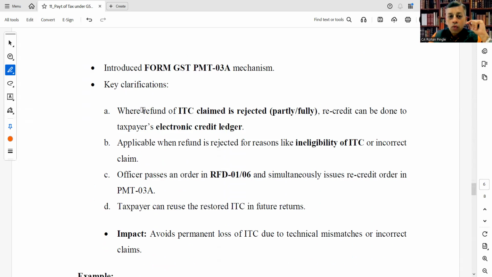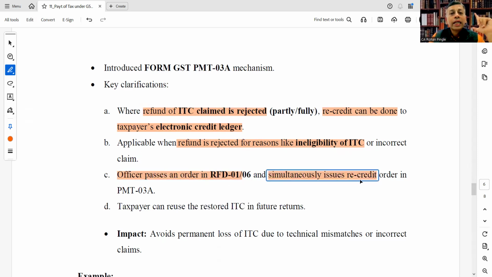Where the refund of ITC claimed is rejected partly or fully, then re-credit can be done to the taxpayer's electronic credit ledger. Applicable when the refund is rejected for reasons like ineligibility of ITC or incorrect claim. The officer passes an order in RFD-06 and simultaneously issues what? A re-credit order in PMT-03.